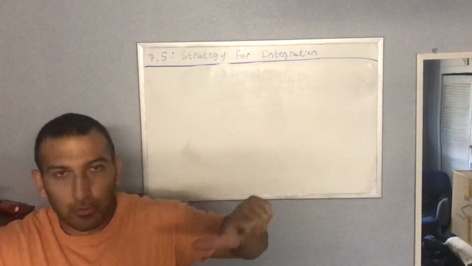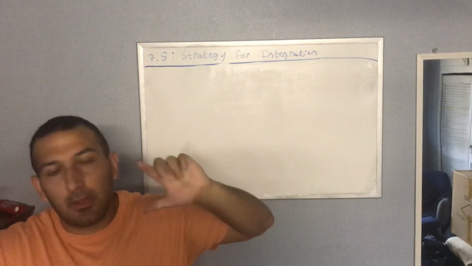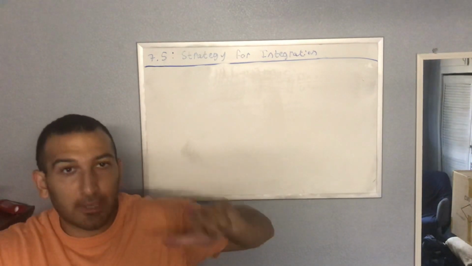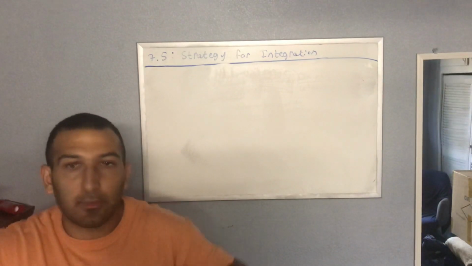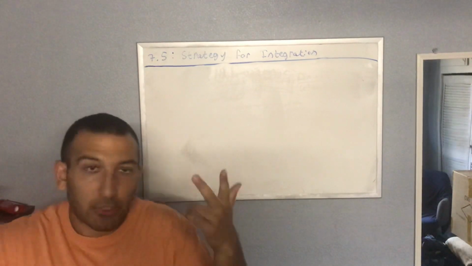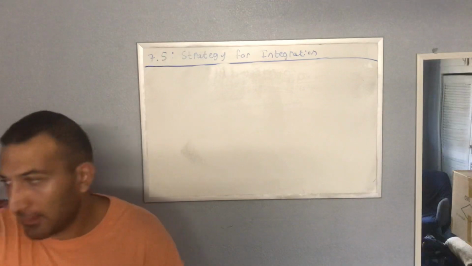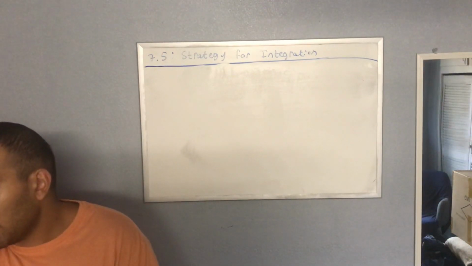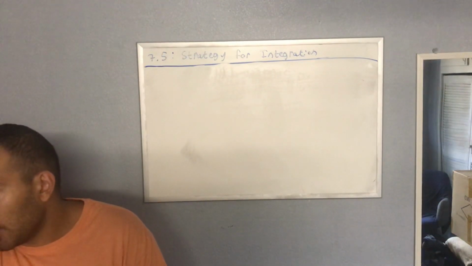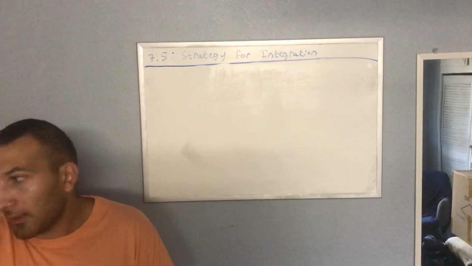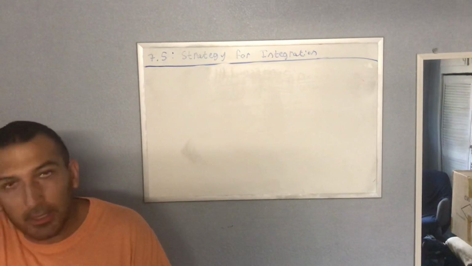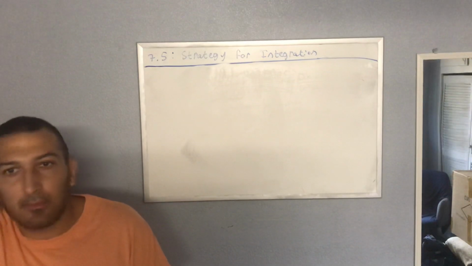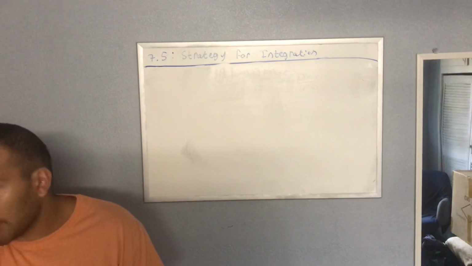So trigonometric substitution, or maybe it's a trig type integral, the ones from 7.2, or it's a rational function, things like that. And then the last thing is, really try and think about more creative ways if all of these methods are exhausted.